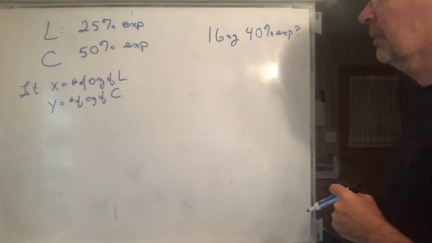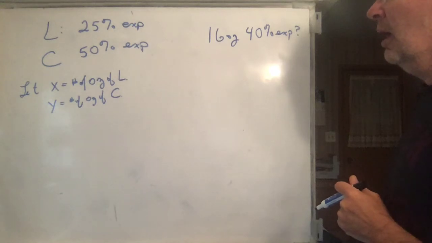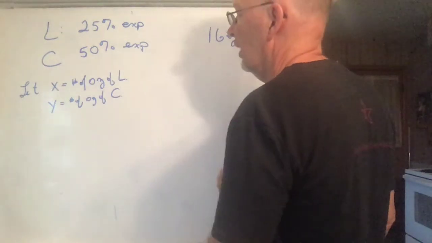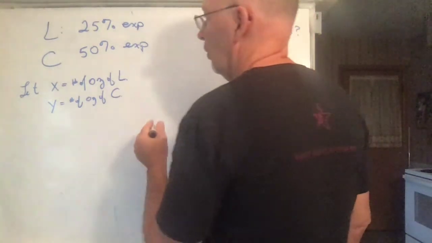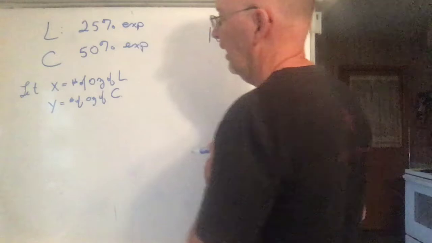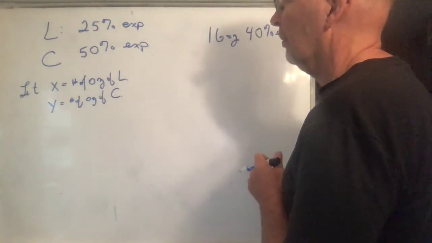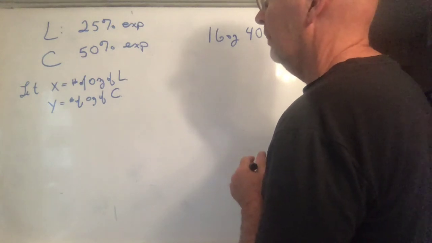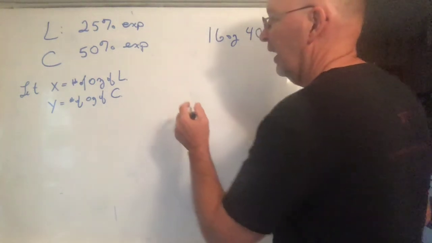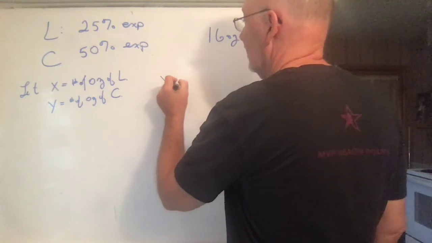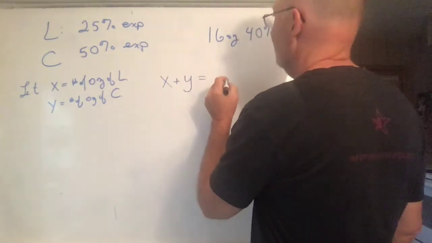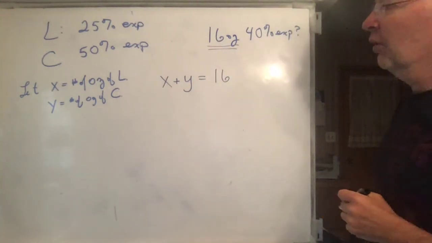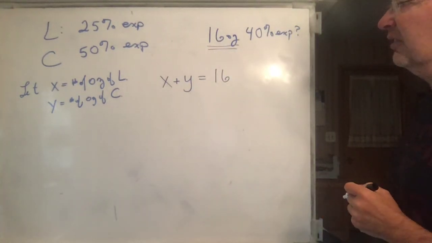Here's what we know. We know that X plus Y has got to be equal to 16, right? Because we want a 16-ounce drink. So X plus Y has got to be 16.